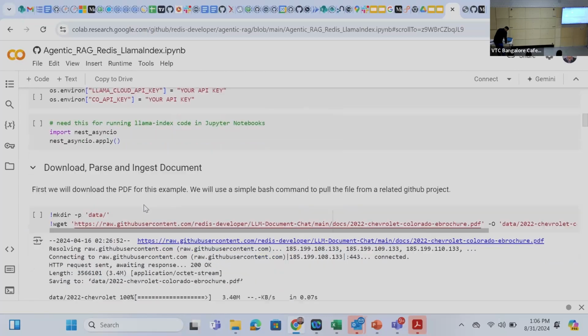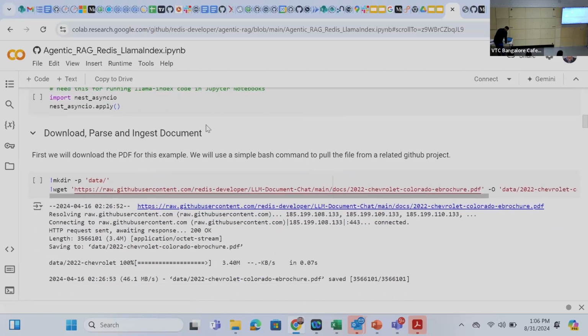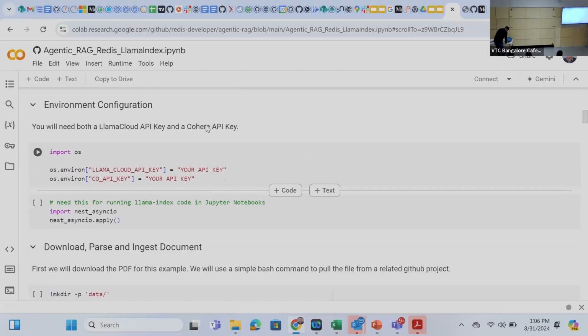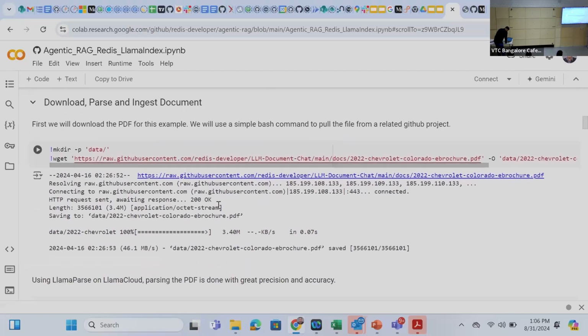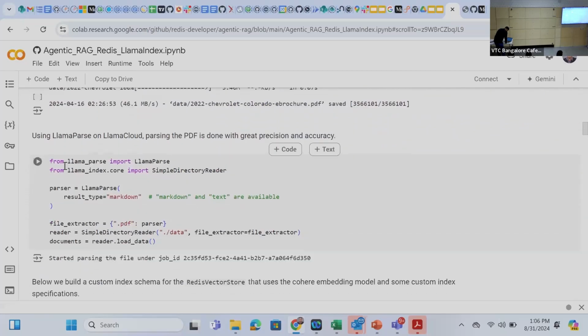Once you have given all those API keys and the configuration, you can simply parse your document. And so you see here, I'm using LlamaParse over here, which, since I'm using Llama Cloud, is a very efficient way of parsing your PDF document.